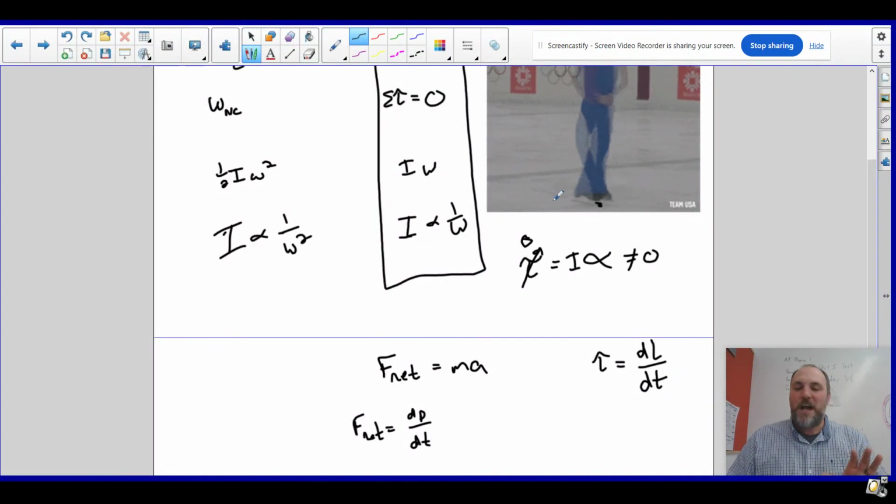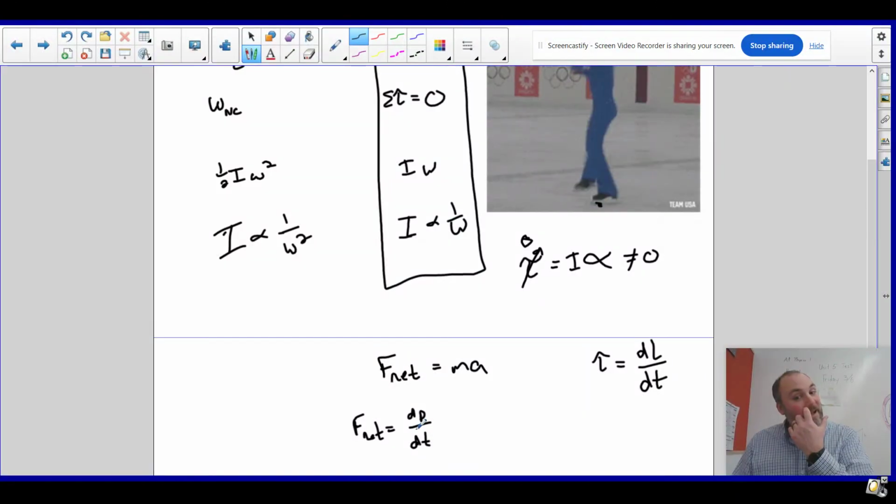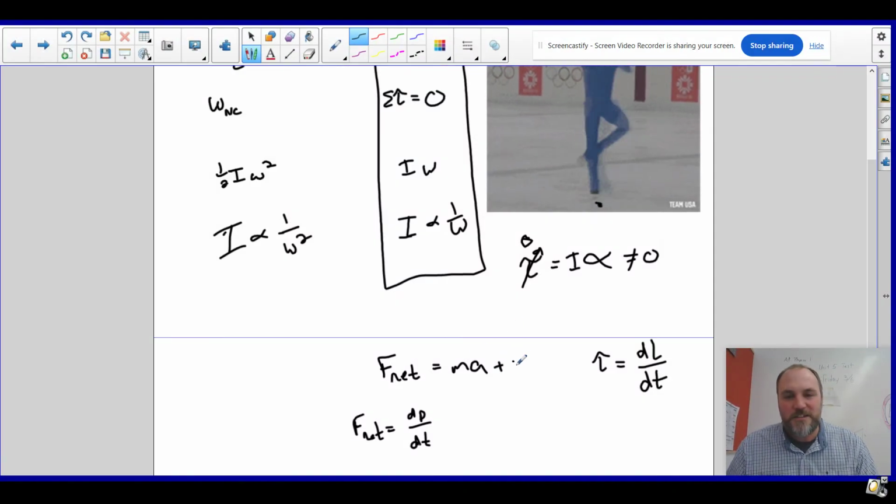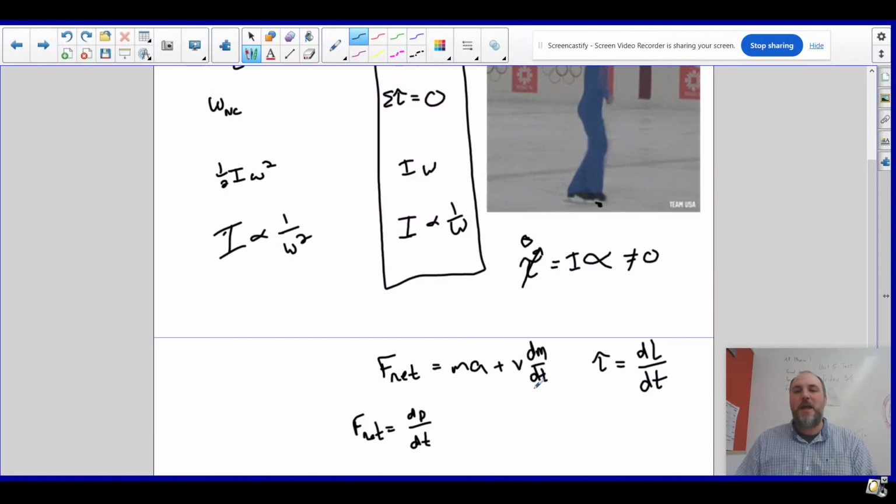But I love to look at that because really Newton's second law is not just ma. If you do the derivative of momentum and you do the product rule, you'll notice that there's also a part of Newton's second law that says velocity times dm dt. Now, what is dm dt?